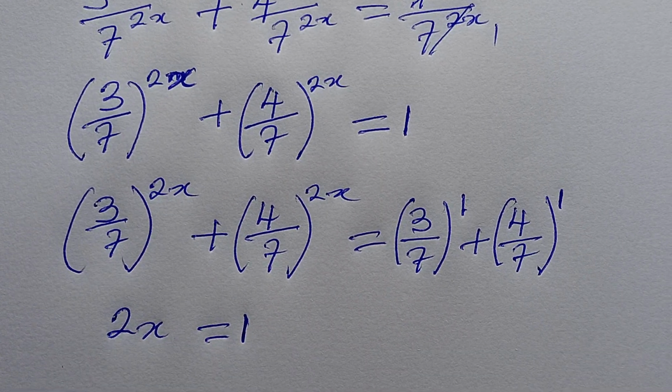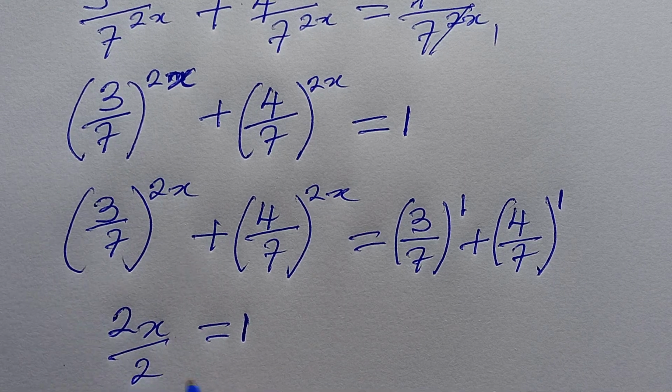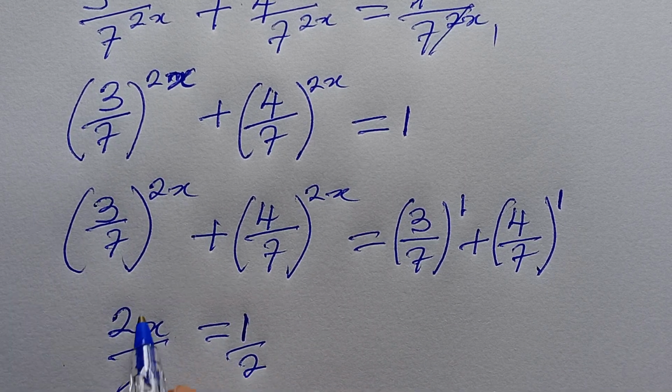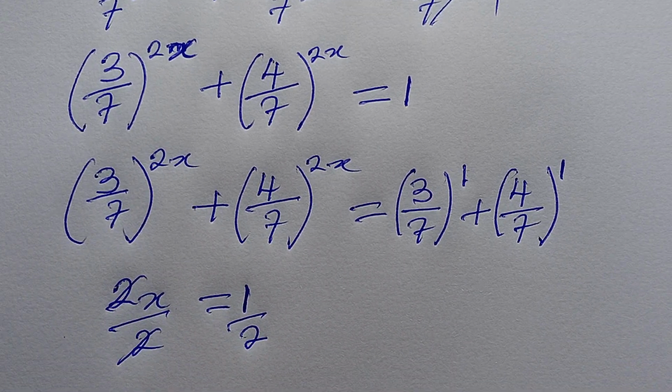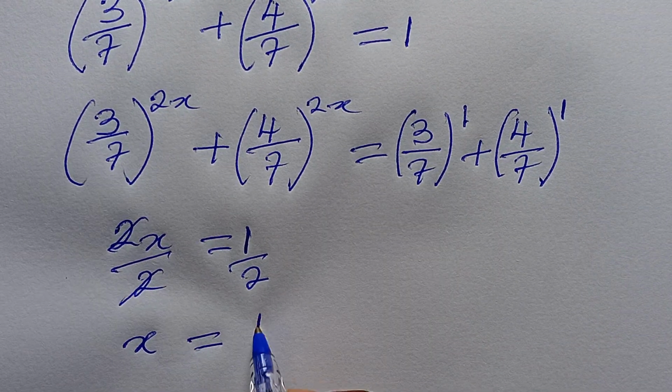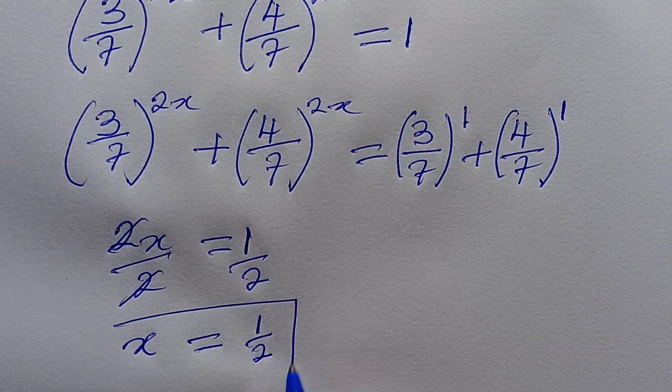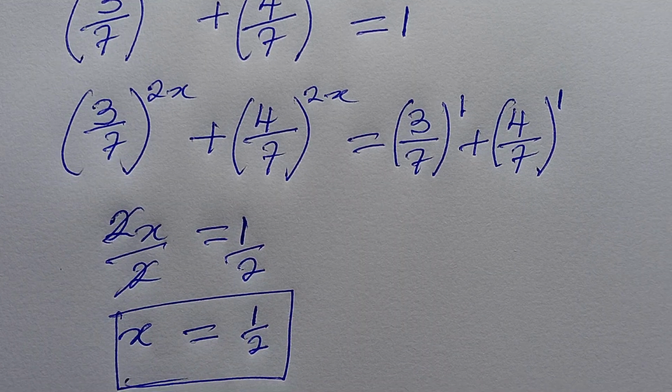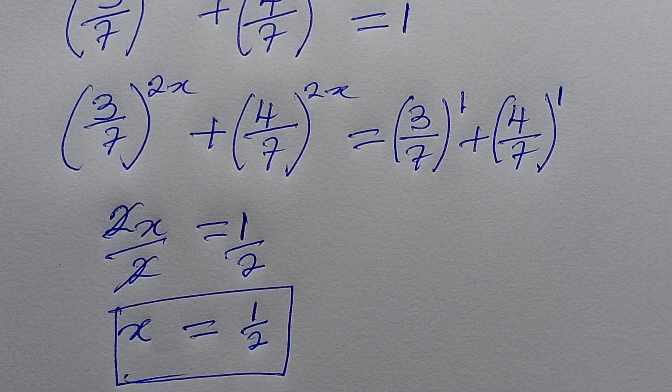We are looking for x, right? So we divide through by 2, and we're going to end up having x equal to 1 all over 2. But we can do a simple check to see if this actually satisfies the original equation.